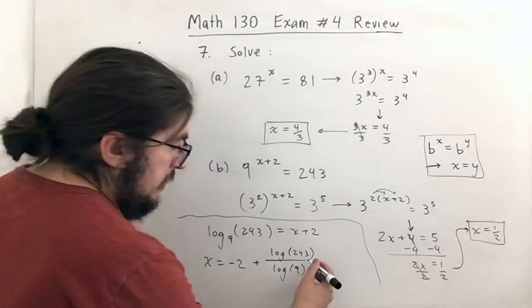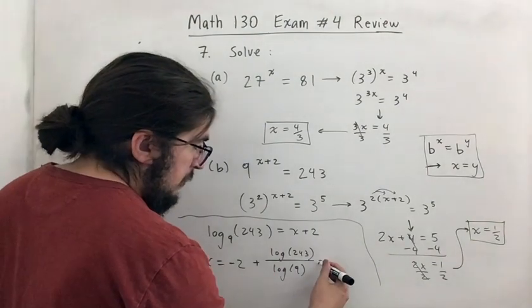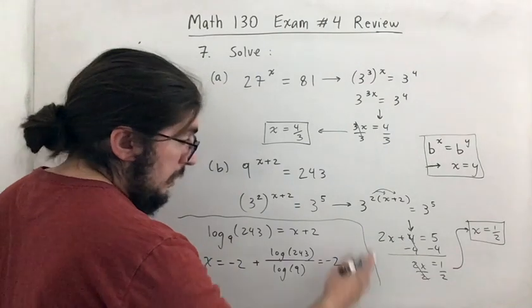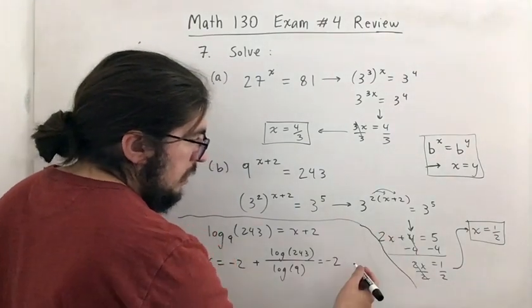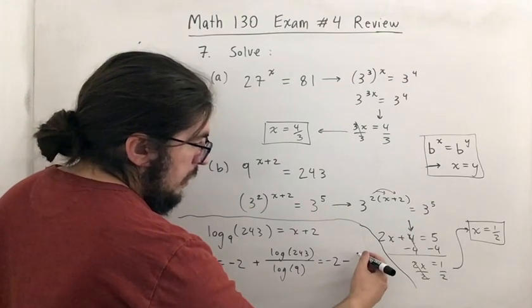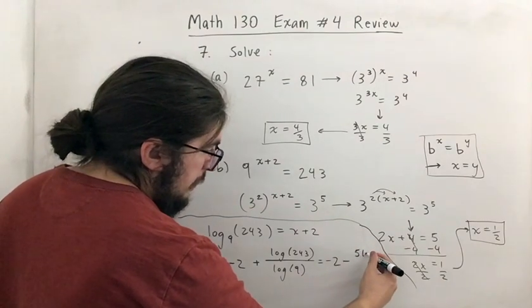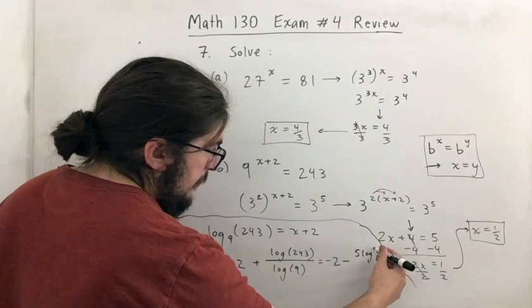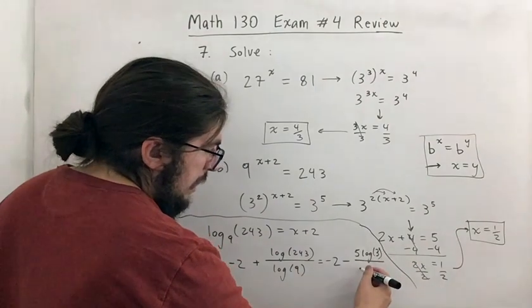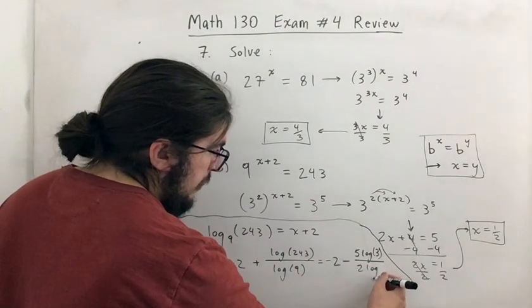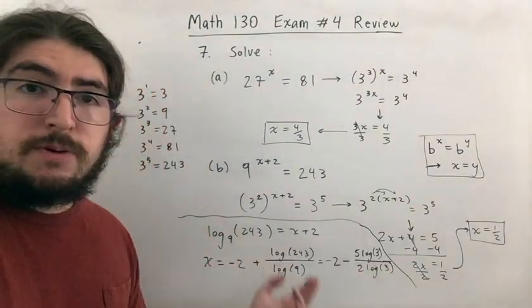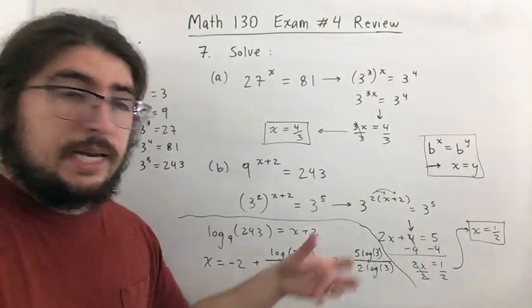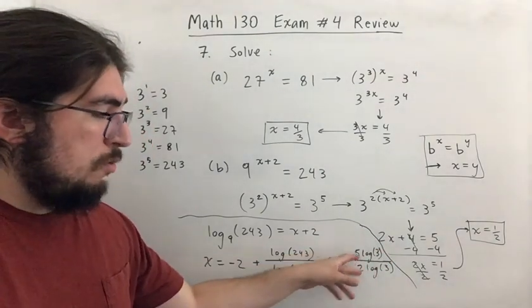Another thing you can do is use some logarithmic properties. In fact, we can use the power rule specifically to write the top one as 5 times log of 3, the bottom one as 2 times log of 3. Now I'm skipping some detail here, but I'm rewriting 243 as 3 to the 5, 9 is 3 to the second, pulling those powers out as multipliers.